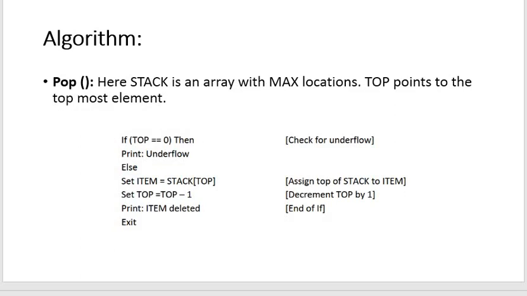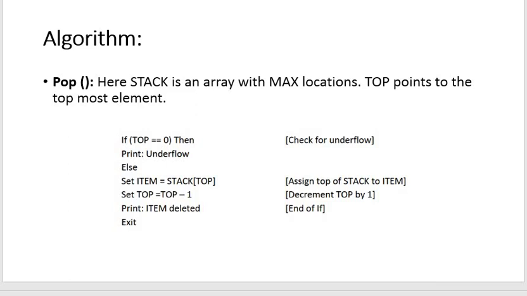For example, if top is equal to 0, the top is pointing to nothing, so there is nothing in the stack, and you can't remove elements from the stack. Else, in the other case, if it has elements, then the item at the top will be taken, the top will be decremented, and the item will simply be deleted.